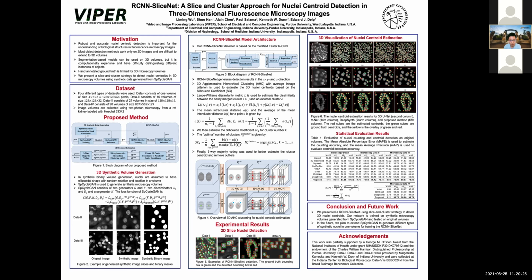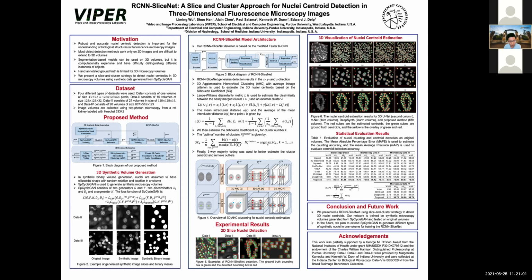We run inference with this detector on 3 different directions of a volume to generate 2D detection centroids on each slice of the image. Then we use a clustering method to cluster these 2D detection centroids and find the cluster centers. We use those as the 3D nuclei centroids. And finally, we use a 3-way majority voting to fuse these results from 3 different directions.